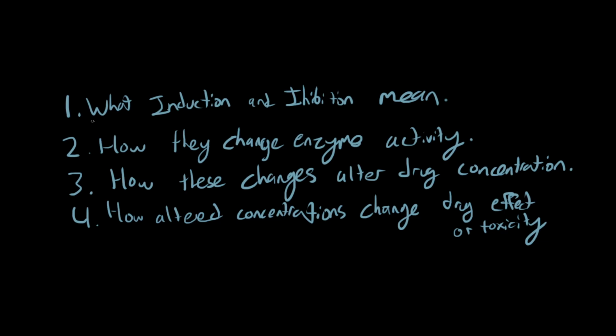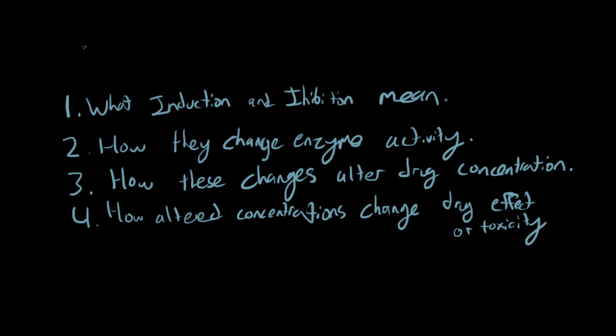I see our pharmacokinetic, pharmacodynamic, and biotransformation lectures as more of a 1,000-foot view kind of thing. So instead of knowing exact inducers, I would seek understanding of these four things instead. What is induction and inhibition?